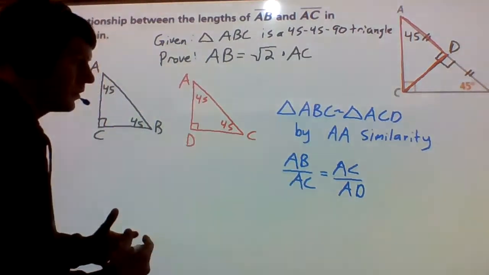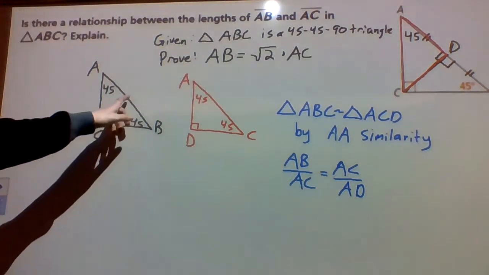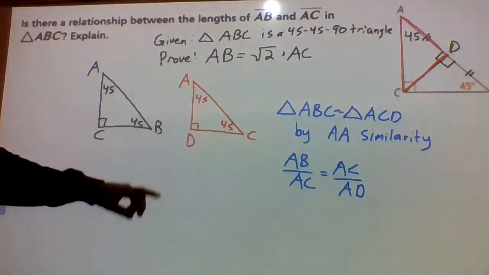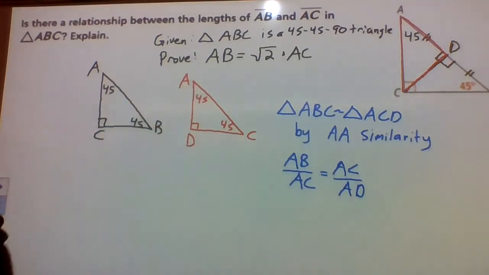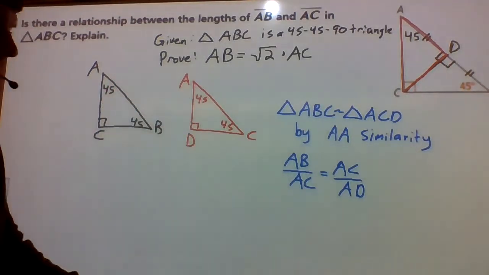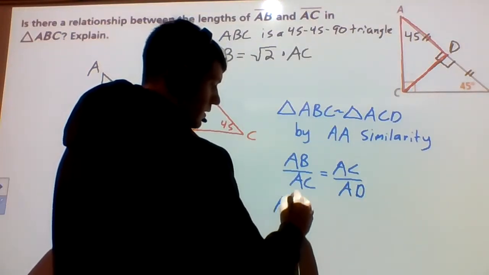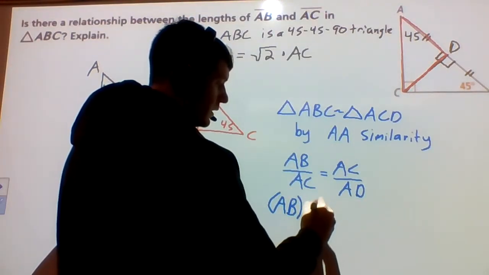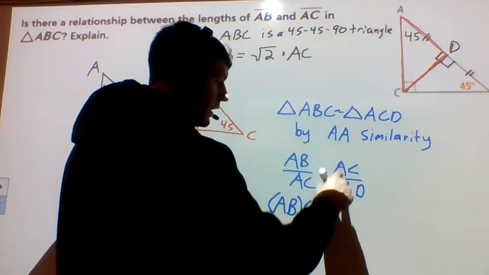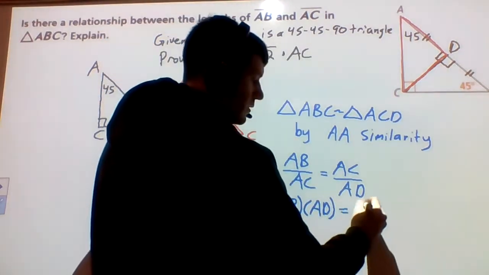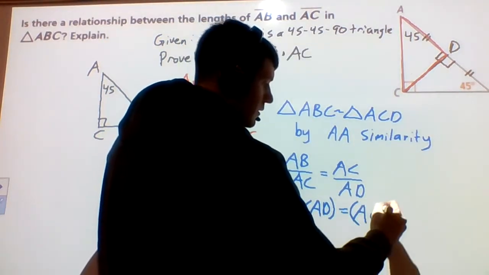So we're doing AB over AC equals AC over AD. We can cross multiply this. So AB times AD just stays AB times AD, and AC times AC gives us AC squared.